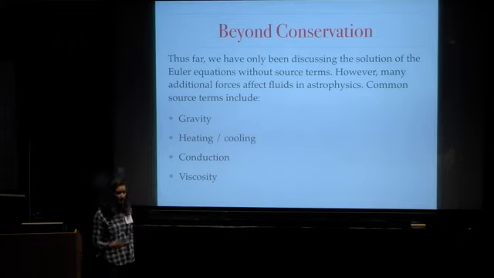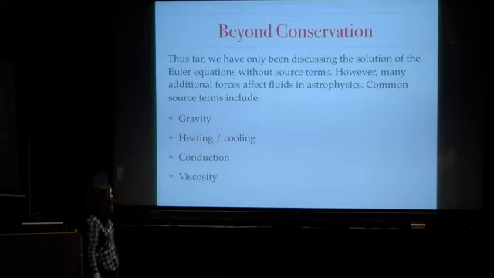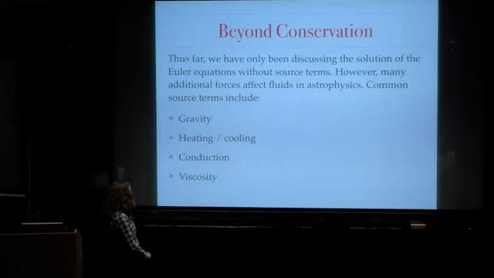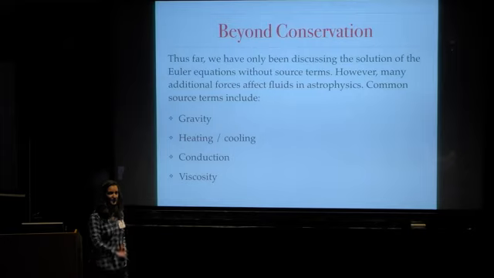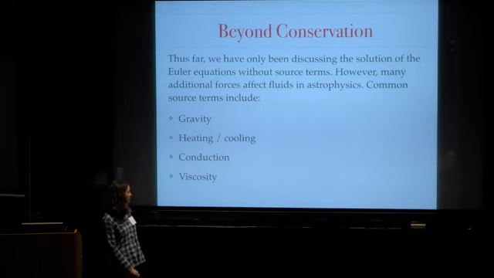Some of the common source terms that we have to deal with in astrophysics include gravity, heating and cooling terms, conduction and viscosity, chemical reactions, and in some senses centrifugal terms can be expressed as source terms. So there are lots of versions of these.